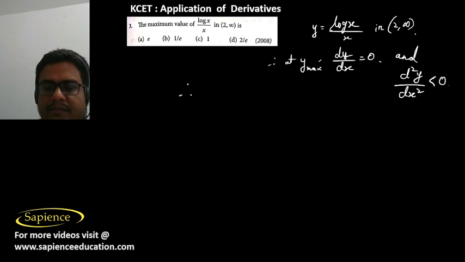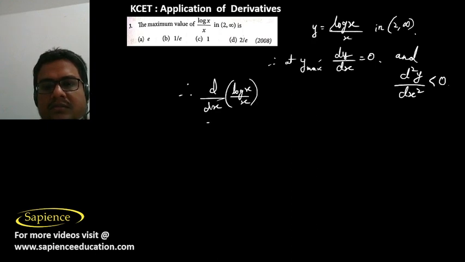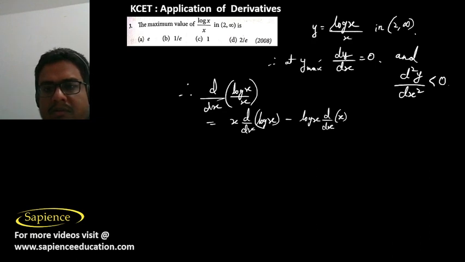Therefore d by dx of y, that is log x by x, you have to apply the quotient rule. So this will be x into d by dx of log x minus log x into d by dx of x, divided by x square.